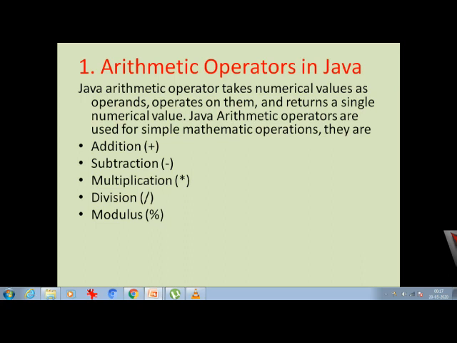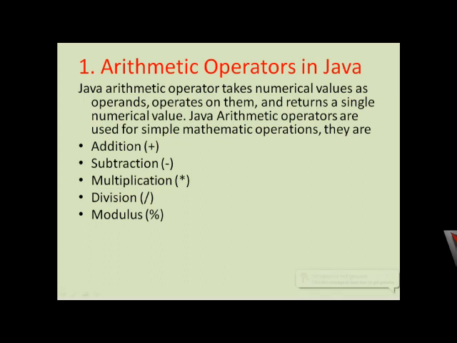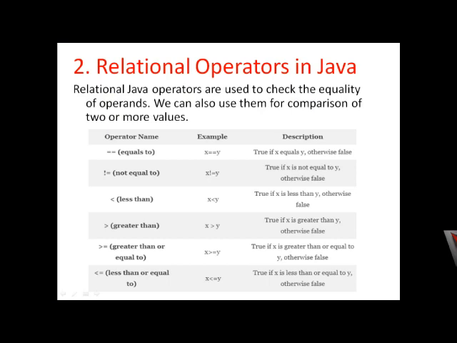The arithmetic operators in Java are addition, subtraction, multiplication, division, and modulus. See the symbols; we are going to use them. In modulus, the symbol is the percentage sign. Modulus gives the remainder.